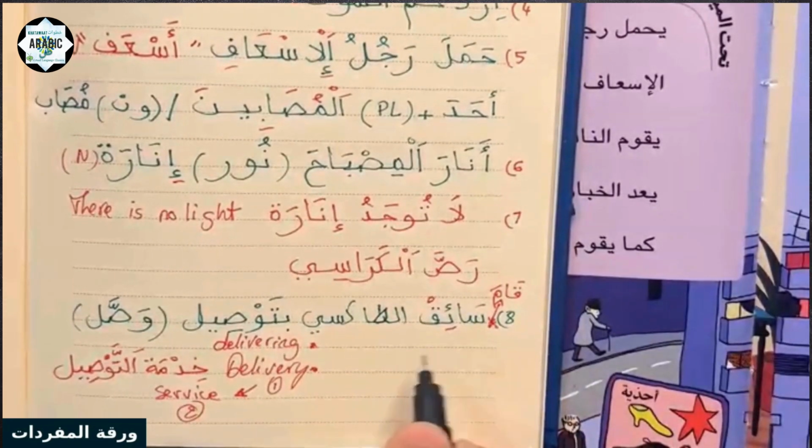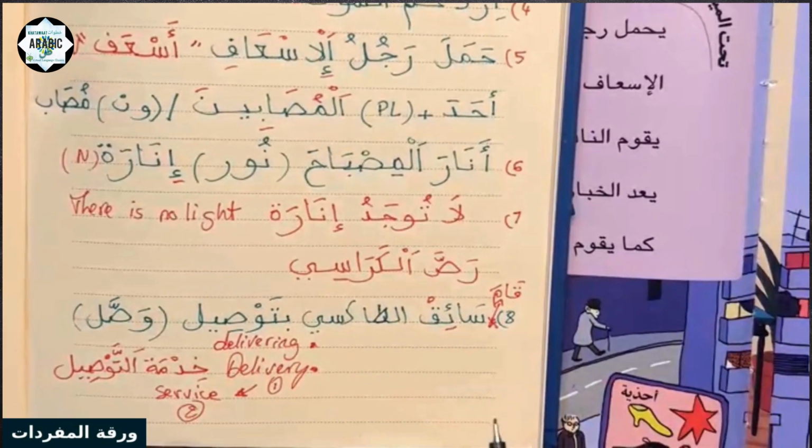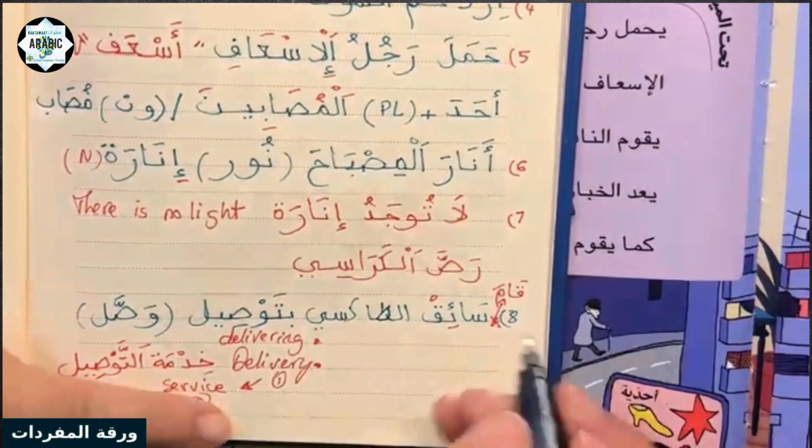If I want to say the taxi driver gave a ride to someone, I would say وصل سائق التاكسي أحد الراكبين, one of.